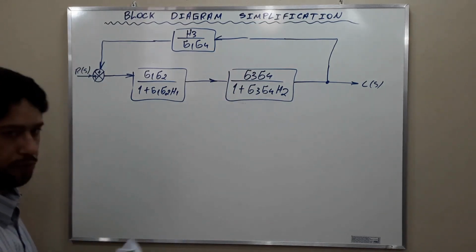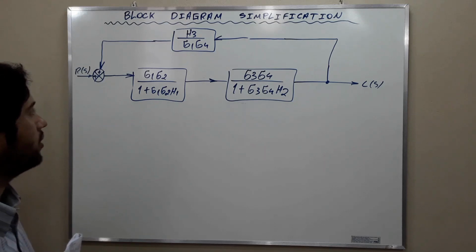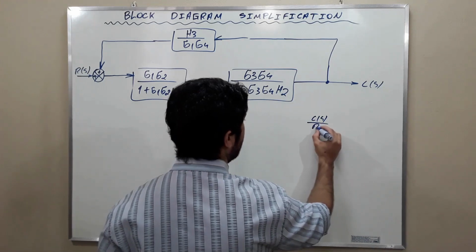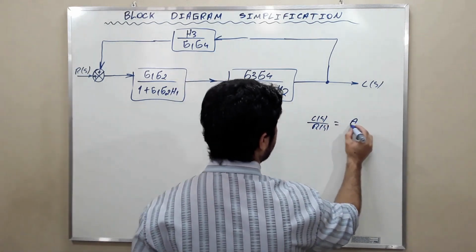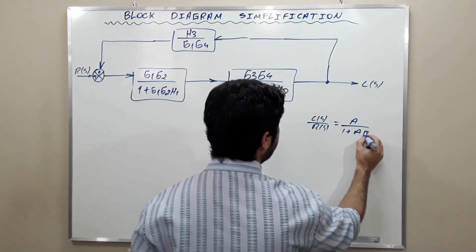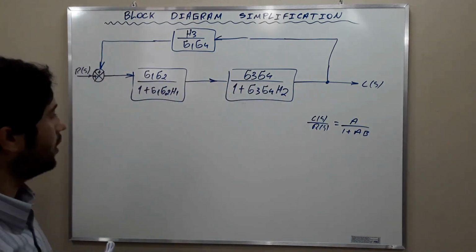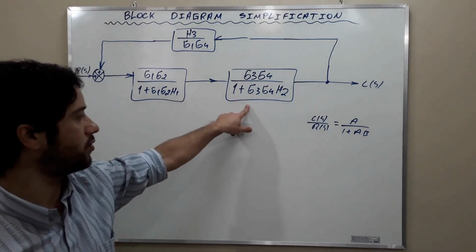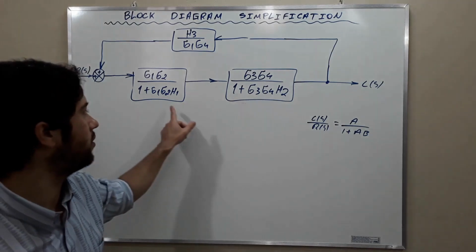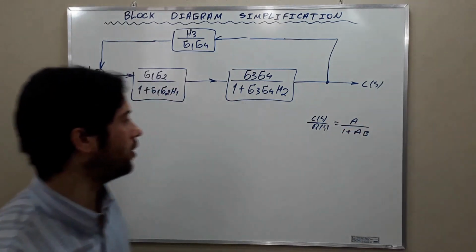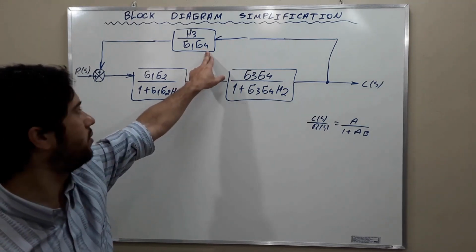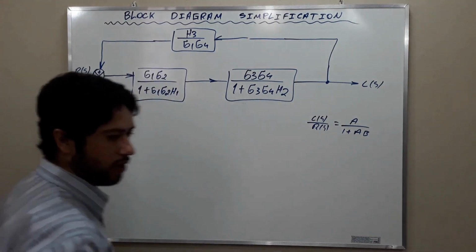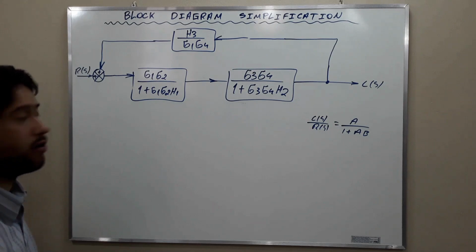And the final expression, if we follow that technique, C(s) over R(s) equal to A over 1 plus AB. Here, observe that A is the multiplication between this and this, and B is the feedback element, this here on top. And finally, we have the following expression that's going to summarize it all.